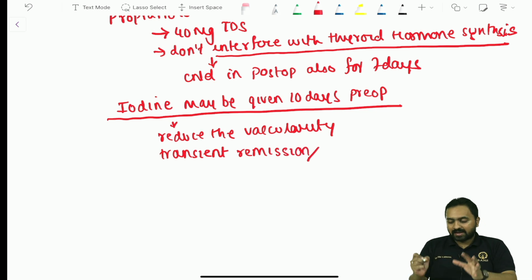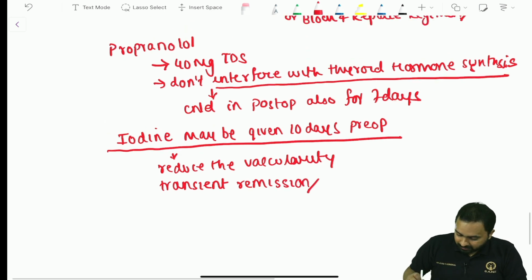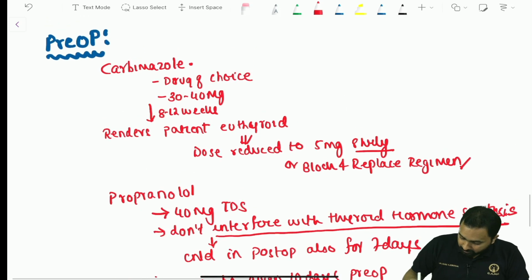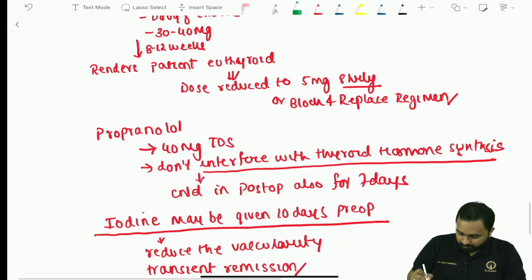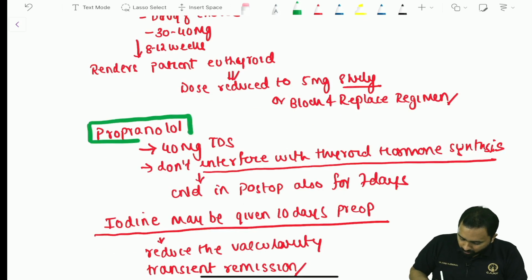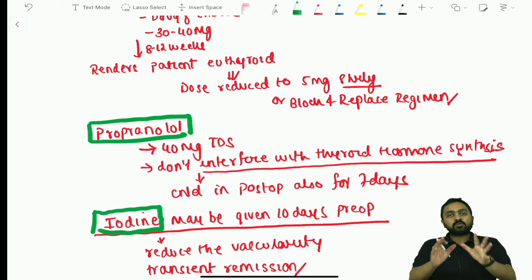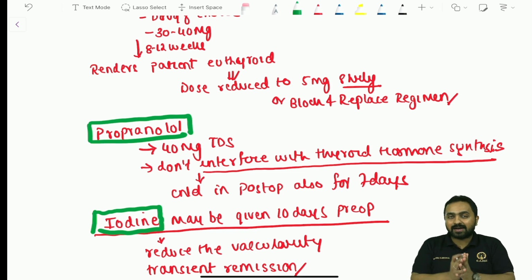Hence iodine can be given 10 days pre-operatively. So this is a very important point regarding pre-op preparation, where you use carbimazole, propranolol, and iodine. These were a few important points with respect to hyperthyroidism, where I have mainly covered the important surgical aspects, and the rest of the medicine aspects must have been dealt with in your medicine section.